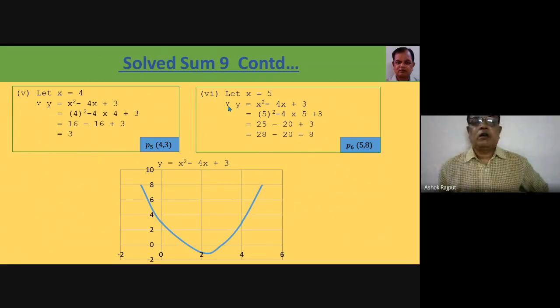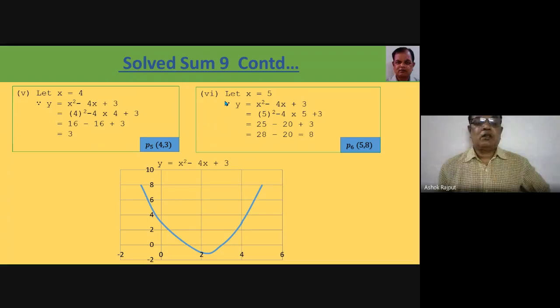Now, as we have taken x equal to 5, we put x equal to 5 in the polynomial. The square of 5 is 25, 4 times 5 is 20, plus 3. Now 25 and 3 make 28, minus 20, the difference is 8, so point 6 is 5 comma 8.